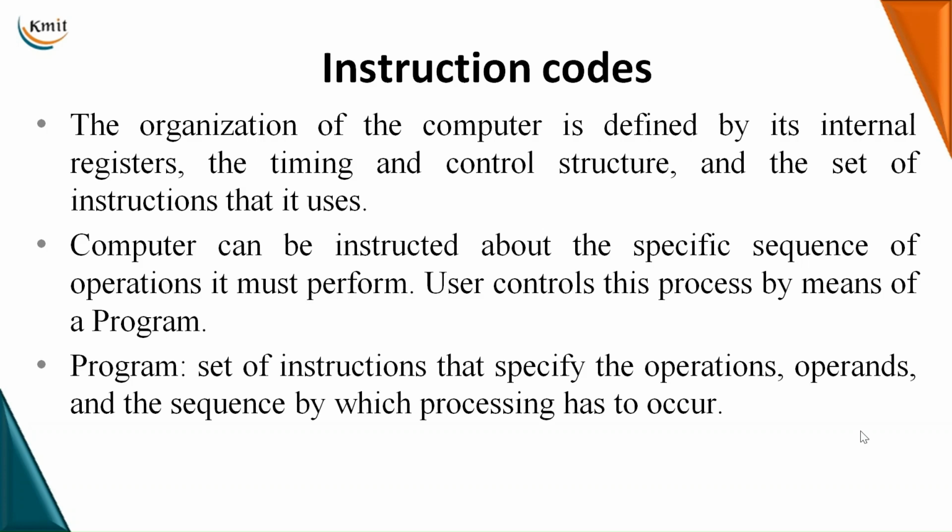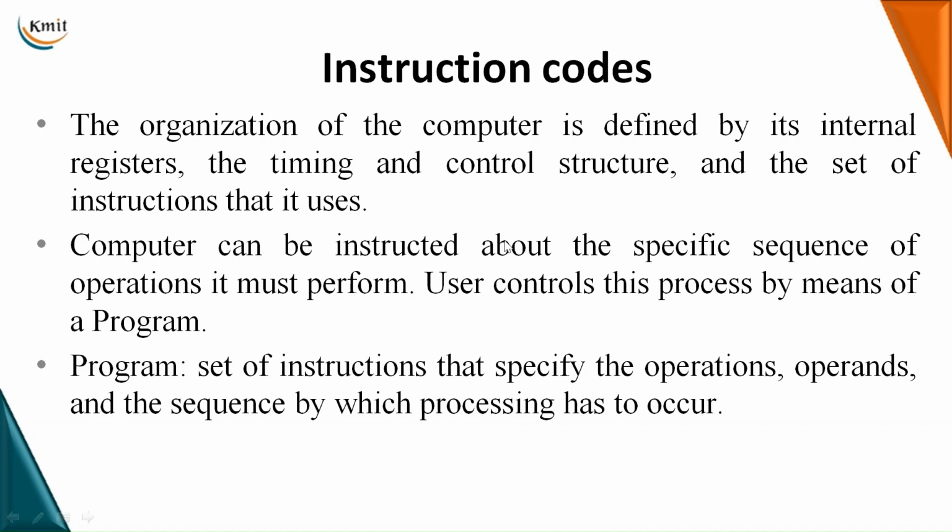Each and every instruction has a certain format. That format is called the instruction code, or we can also call it the instruction format. The organization of a computer is defined by its internal registers, the timing and control structure, and the set of instructions that it uses.